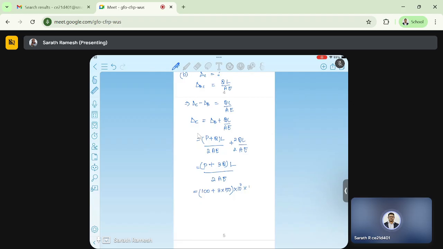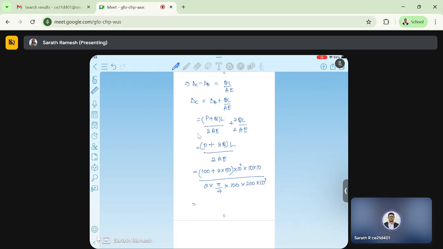Length is 10 centimeter, 10 into 10 divided by 2 into pi by 4 into d square is 100 into 200 into 10 power 3 megapascal. So this will be 100 plus 150 is 250. This 10 power 3, 10 power 3 get cancelled. This 100 get cancelled.